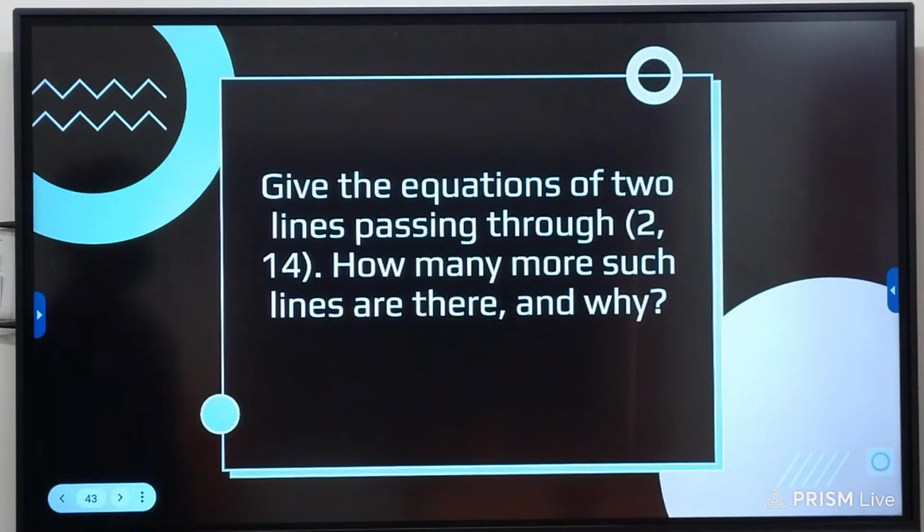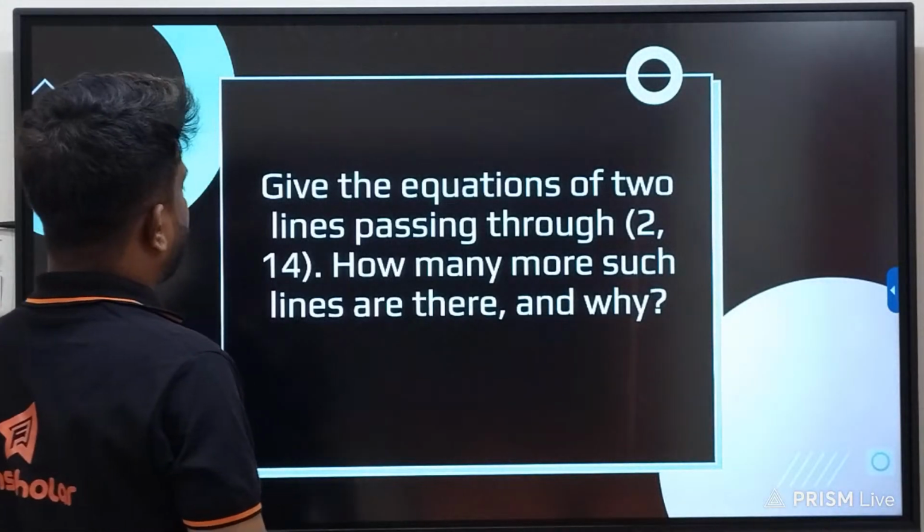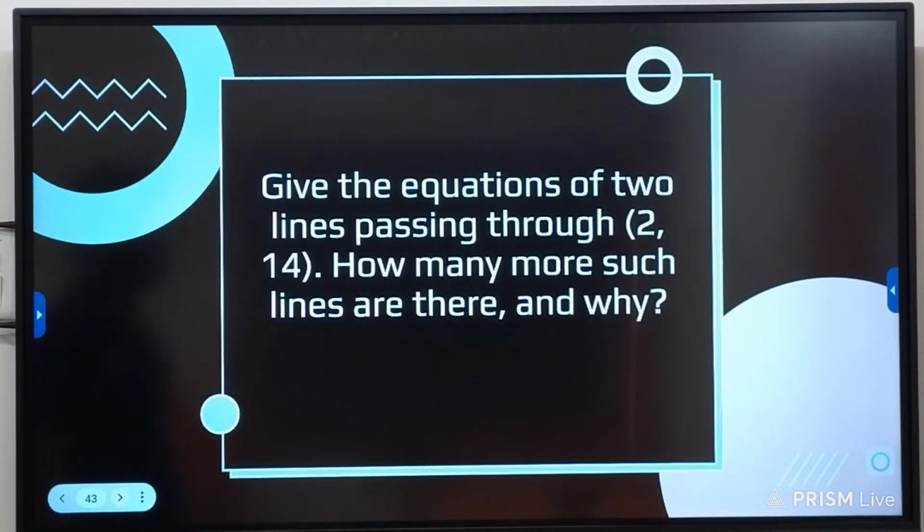Give the equations of two lines passing through 2, 14. How many more such lines are there and why?